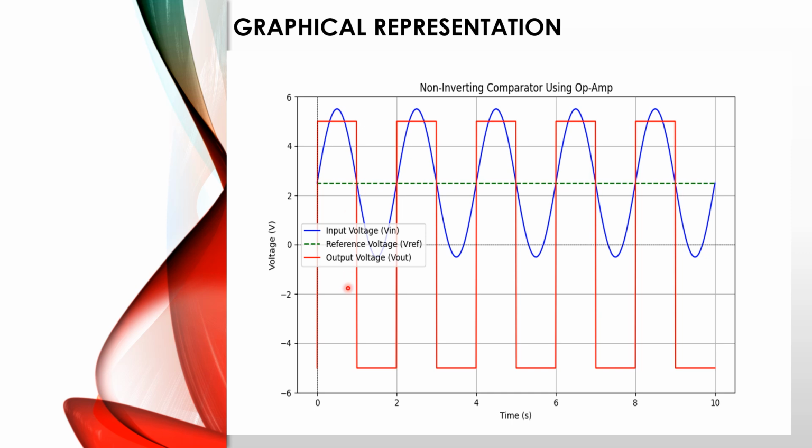Again it swings to positive VCC, that means when V in is greater than V reference. Again we get the negative VCC condition, that means when V in is less than V reference. So in this way we can compare the two voltage levels. Okay, so this is the non-inverting comparator circuit graphical representation.